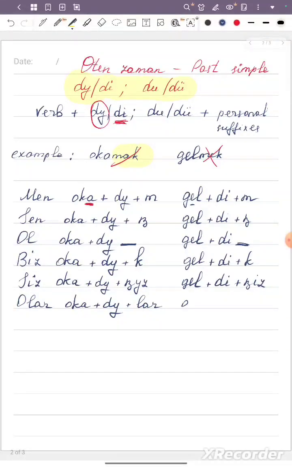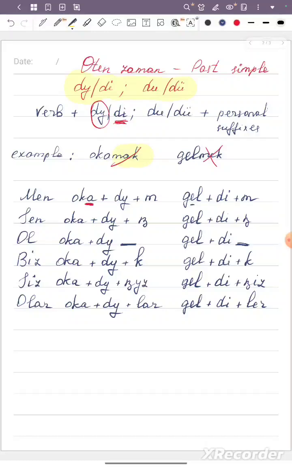And the last one, olar, gel, di, ler. Let me read. Men geldim, sen geldin, ol geldi, biz geldik, siz geldiniz, olar geldiler.